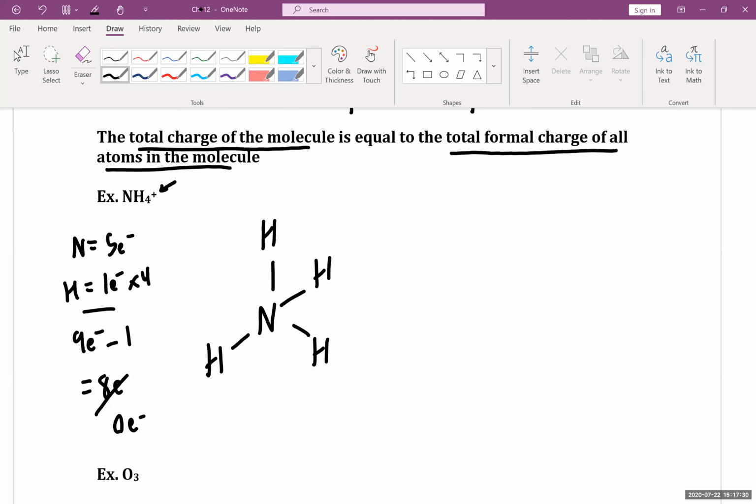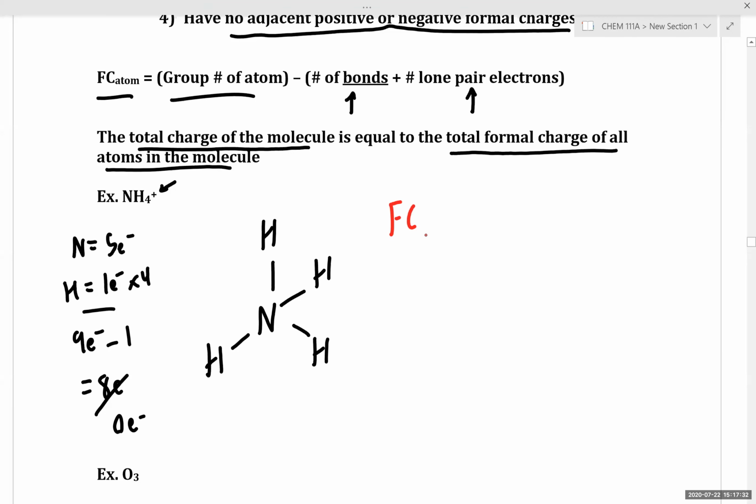Let's look at a formal charge calculation. Let's calculate the formal charge of nitrogen. So what is the group number of nitrogen? Five, yep.